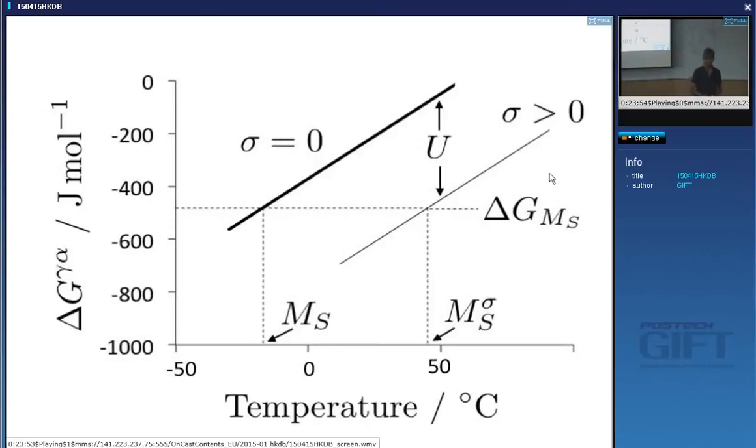What would we use as a strain? The shape deformation, right? Which is a shear of about 0.26 and a volume change. So simply multiply the shear stress on the habit plane by the shear strain and the normal stress on the habit plane by the volume change, and you've got the term U. So you can work out the change in MS due to the stress.